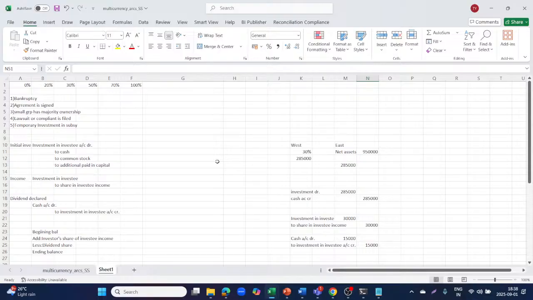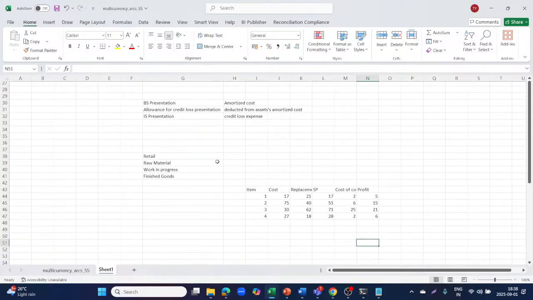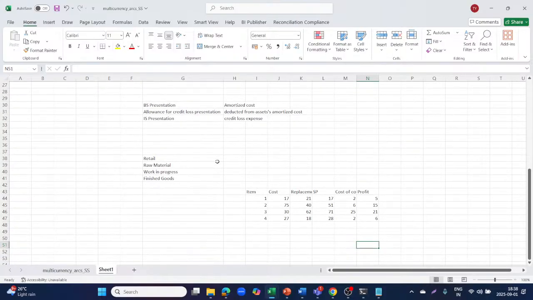Suppose the cost is 17, selling price is 17, and cost of completion is 2. So your profit will be selling price minus your cost of completion, that is your NRV. Then you will do the comparison between cost or NRV, 17 or 15, whichever is less. Again, if the cost is 30, selling price is 71, cost of completion is 25, then NRV will be 46.